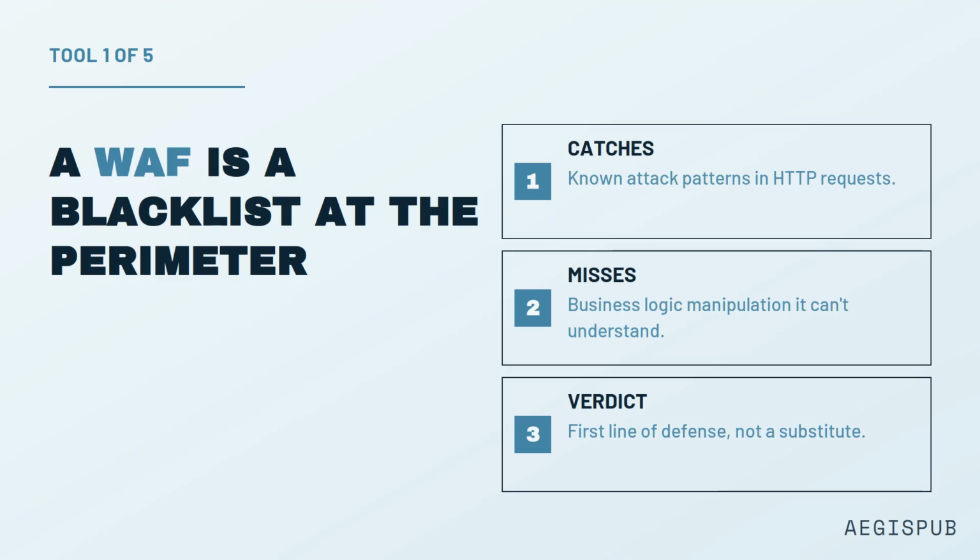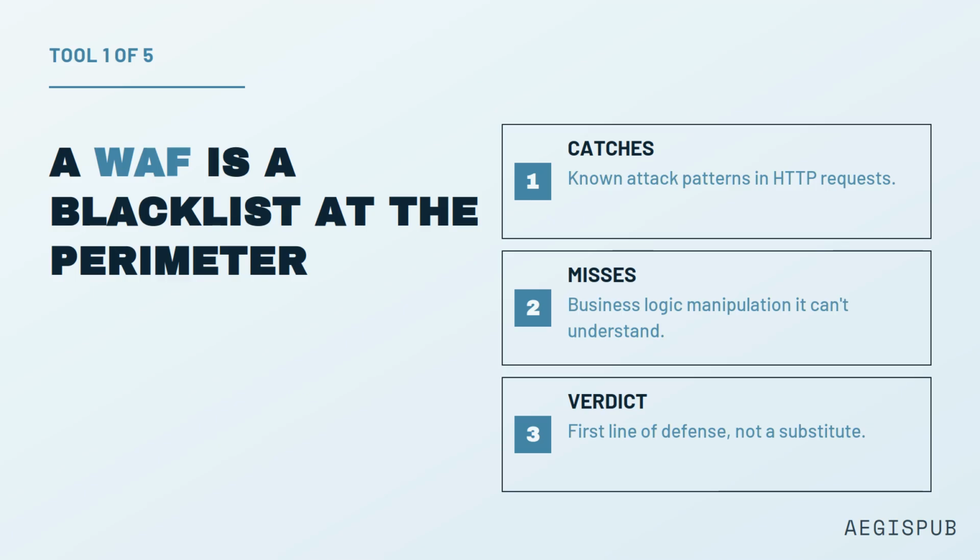A WAF is a blacklist at the perimeter. It knows about the attack patterns that were documented when its rules were written. It does not understand your application's business logic. It cannot know that a particular field should only ever contain a 4-digit year, or that a quantity field should never be negative.